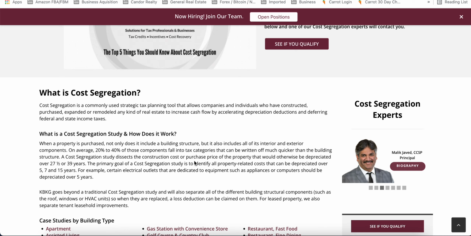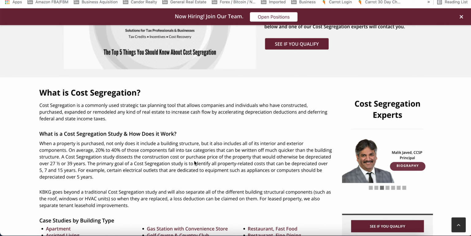Next, I'm going to pull up a real cost segregation report that we completed last year for one of our larger buildings. One thing to note is cost segregation studies, while they're not always talked about in real estate investing circles, aren't just for big buildings. They're often used for big buildings because the benefits are quite massive, but they can be used on buildings as small as $1 million or potentially even a little bit less than $1 million.